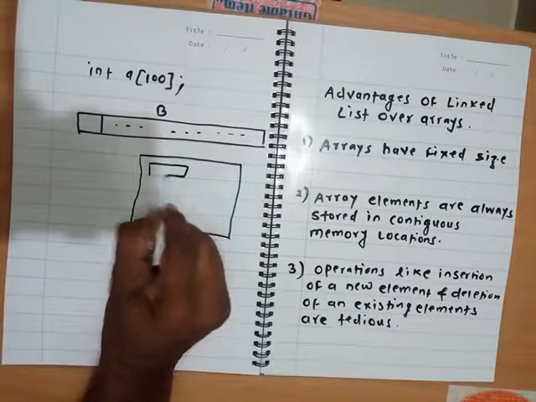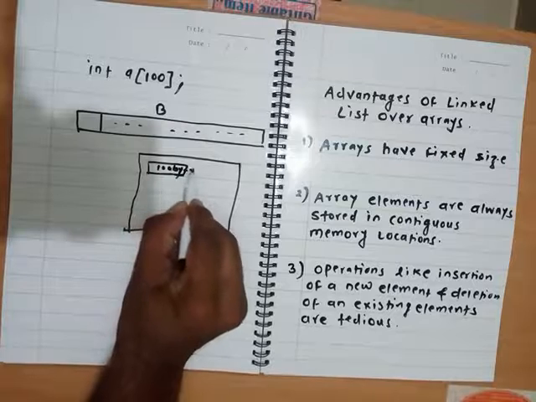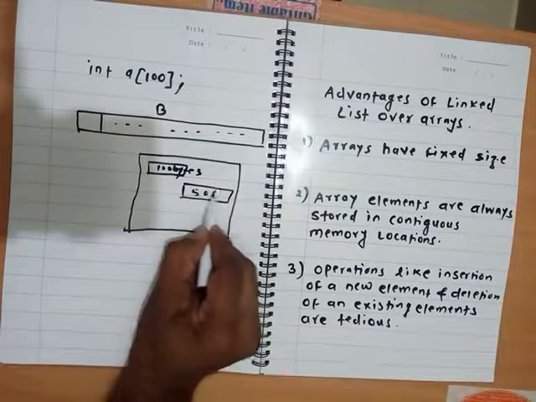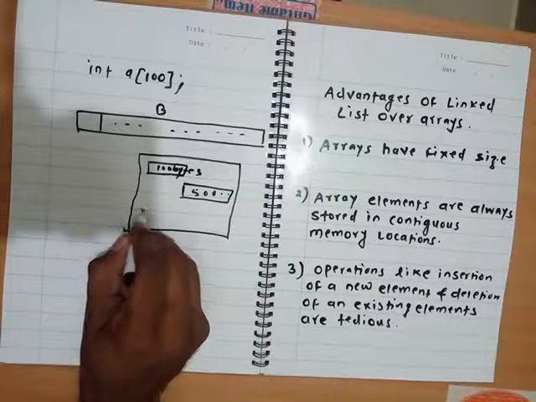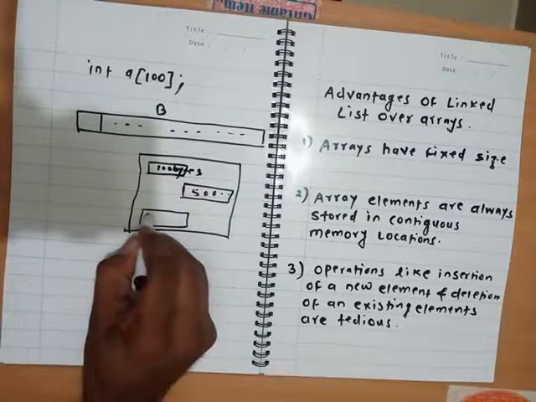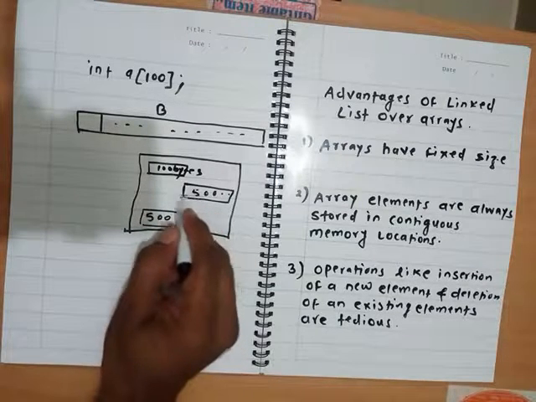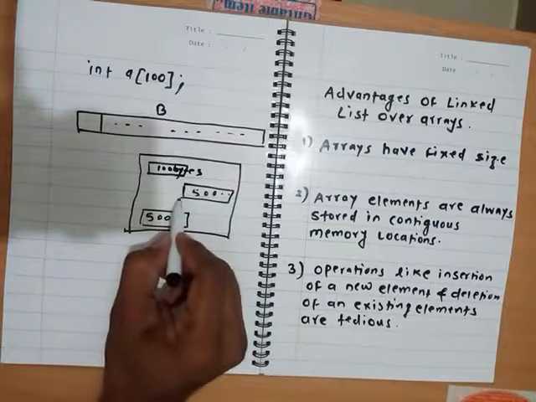For example, here I may have 100 bytes available, at another location I may have 500 bytes, and at another location I may have 500 more. So these add up to more than 1000, but I can't create my array by using this memory because this is not contiguous memory.